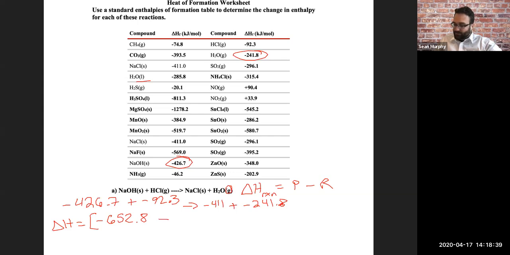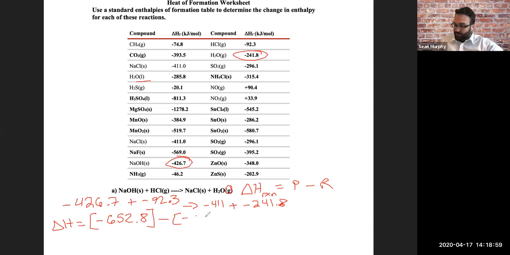And then we have the total products, and then we have to subtract the reactants. So what is the reactants? The reactants, if you were to add those, you would get negative 519.